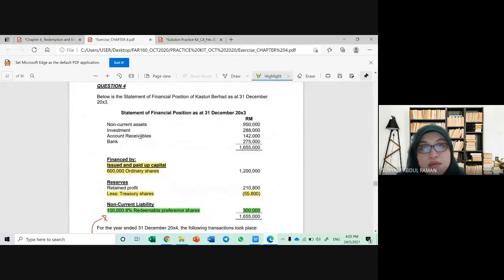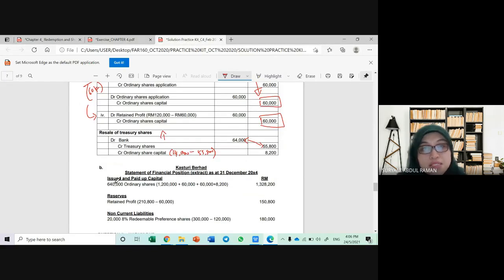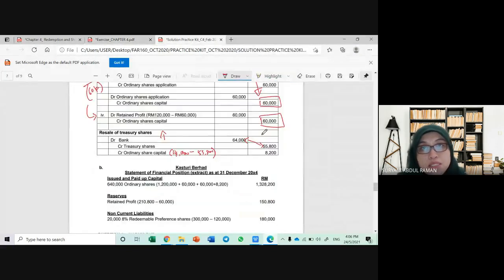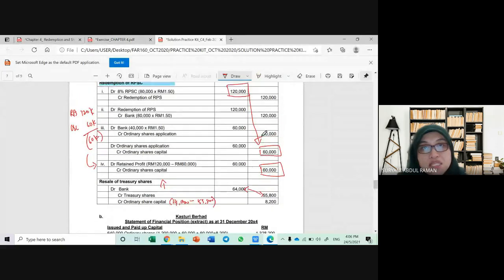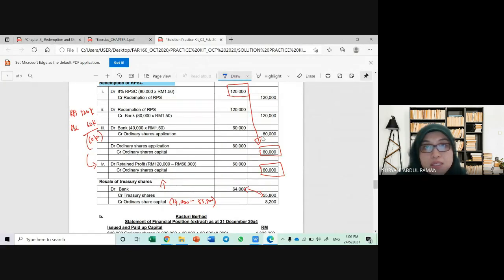Last time we have 600,000. This time you have issued your ordinary share at 40,000 units. That is the reason why the amount has increased to 640,000 units. As for the value, last time we have 1,200,000 and then we look up the adjustment under OSC. So we can see here, ordinary share capital.